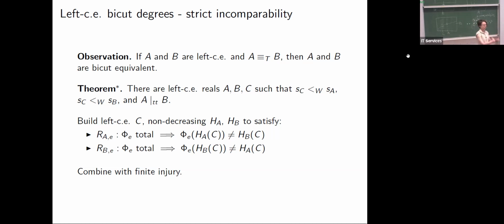Then we'll plug C in, and whatever comes out of HA will be A, whatever comes out of HB will be B. So you read the requirements in that way. To say that A does not tt-compute B, we need to satisfy that anytime phi E is total, if I plug A, what's ultimately going to be A, into phi E, then I don't get B, and vice versa.